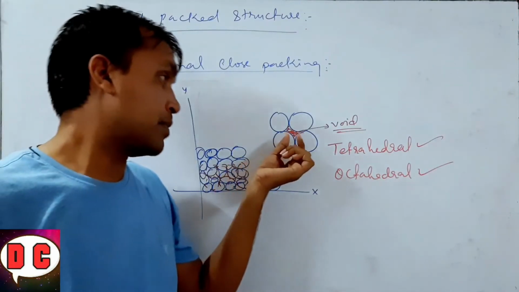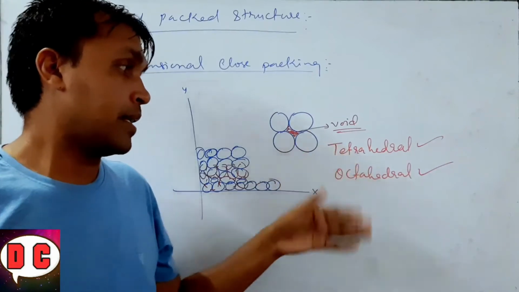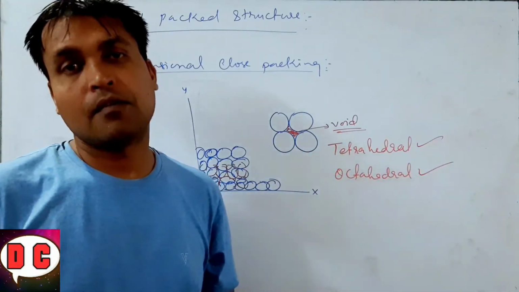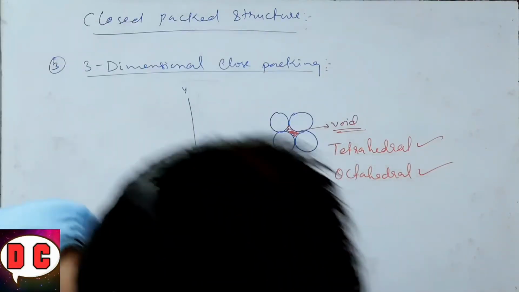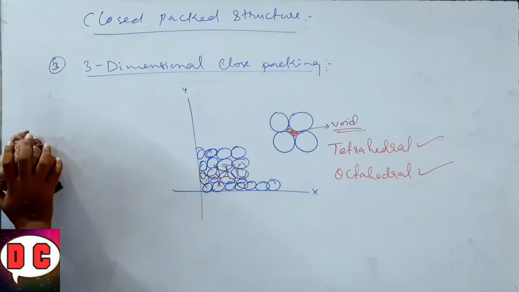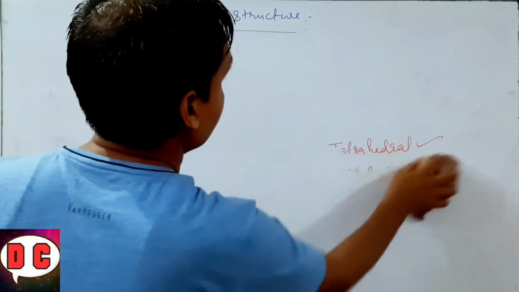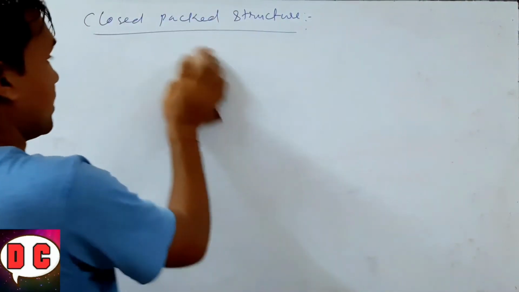If there is an empty space, that empty space we call void. And two types are there, tetrahedral and octahedral voids. Okay, dear students? Fine. So hope you have noted it. Now we have done two crystal close packing structures.